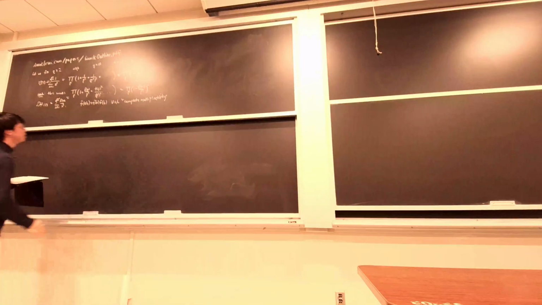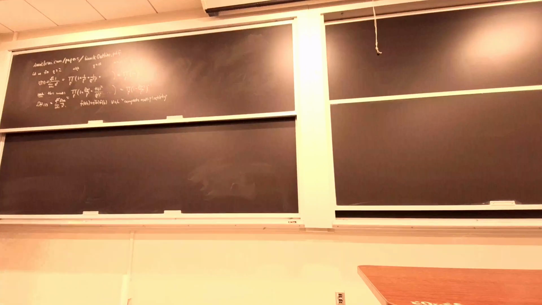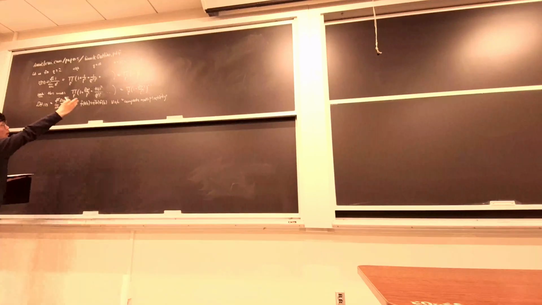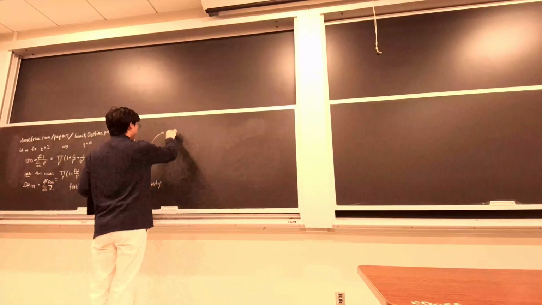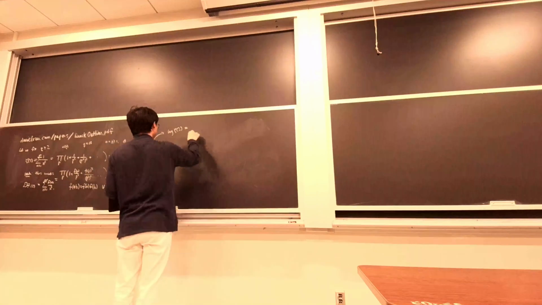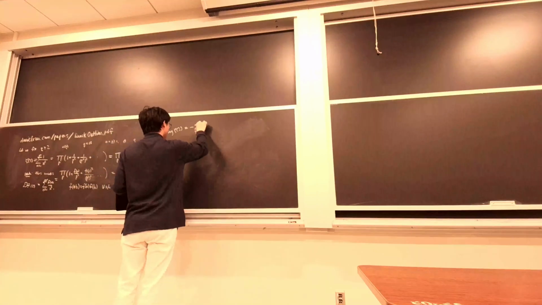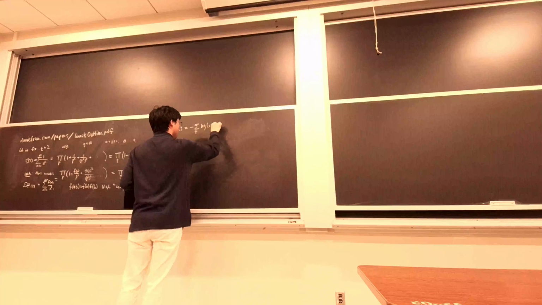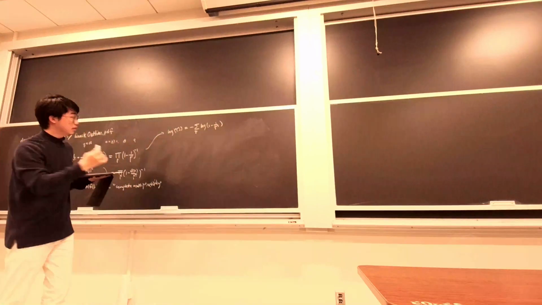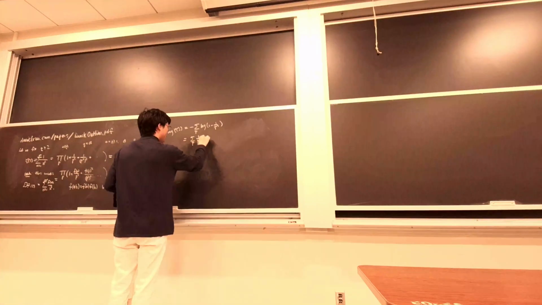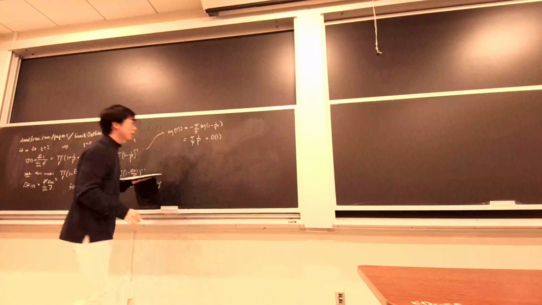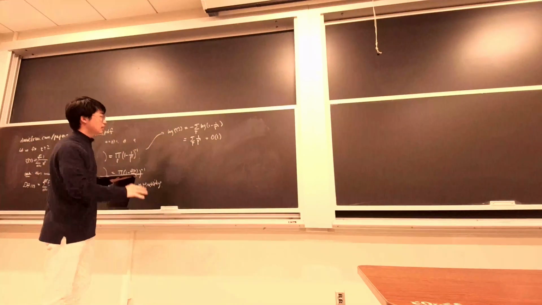This is what Euler did to show that there are infinitely many primes. Observe that from this formula, one can take logs and get log of zeta of s is equal to negative the sum over primes of log of 1 minus p to the minus s. And using the Taylor series of log, I can write this as a sum over primes of p to the minus s, plus an error term, which is just some constant.